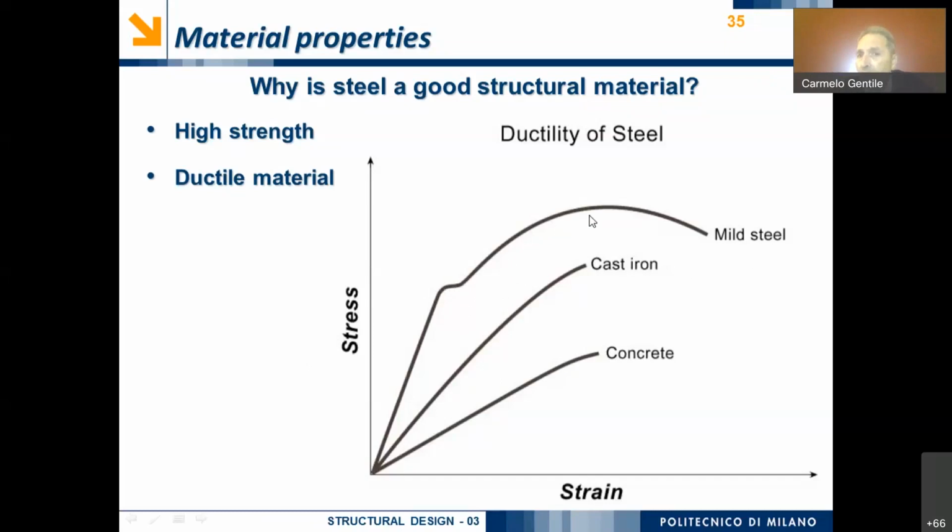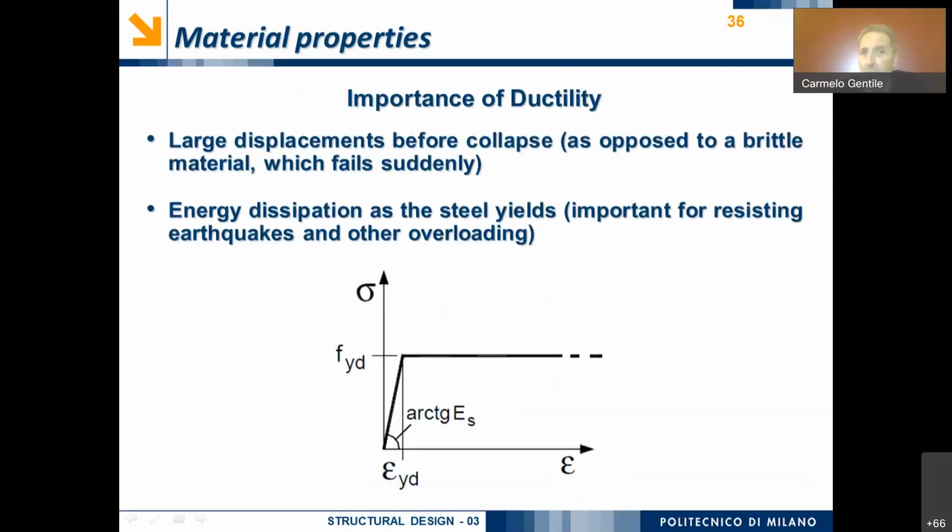In addition, we can see from this curve for mild steel that the stress might increase as we increase the strain or deformation. Okay, so the ductility is very important because ductility means large displacement before collapse.